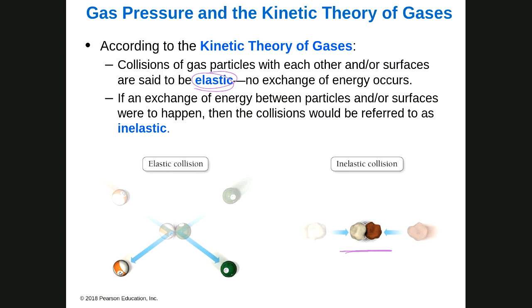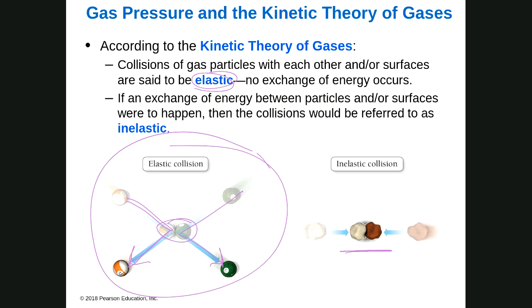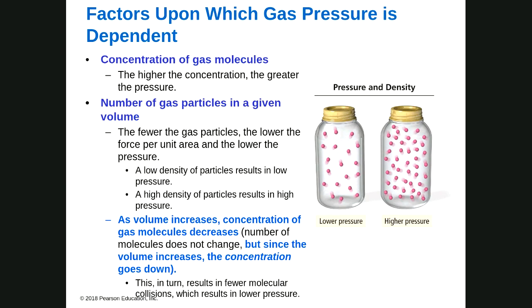Whereas with an elastic collision, you just hit and bounce off, and hit and bounce off of each other. And so you're not really exchanging energy at this point, you're just changing direction. This is the type that we're going to see, with very little or no exchange in energy between the particles and the surface.